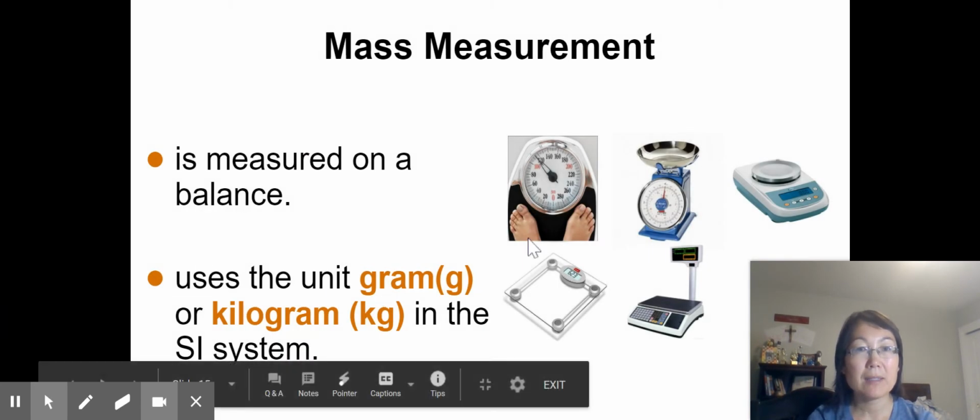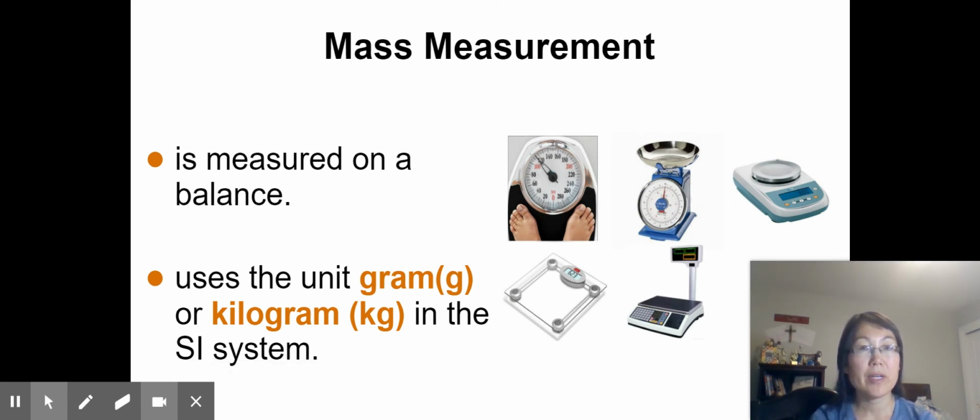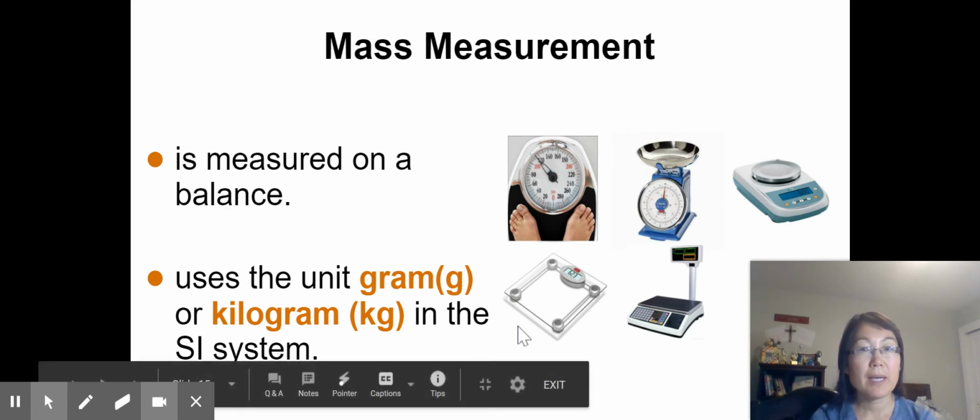We use a balance. There are different kinds of balances in the world. Some are not that accurate, some are very accurate, like the one we use in the lab. What's the unit for mass? It's gram or kilograms in the standard unit system. Again, please write those down if you didn't write it yet.